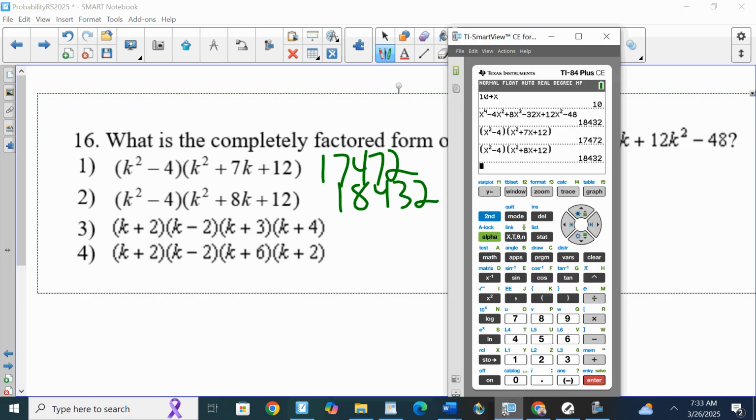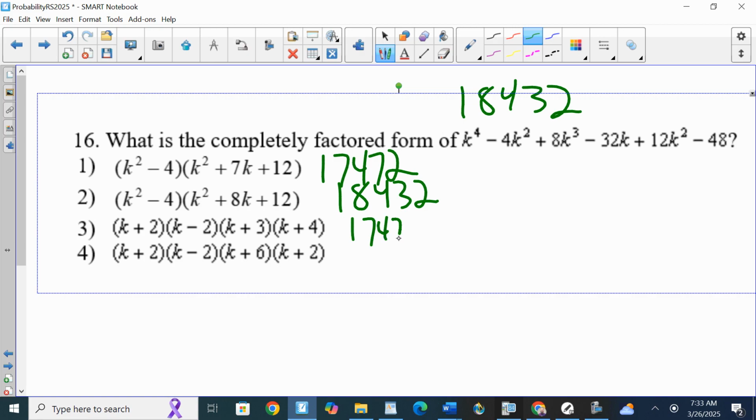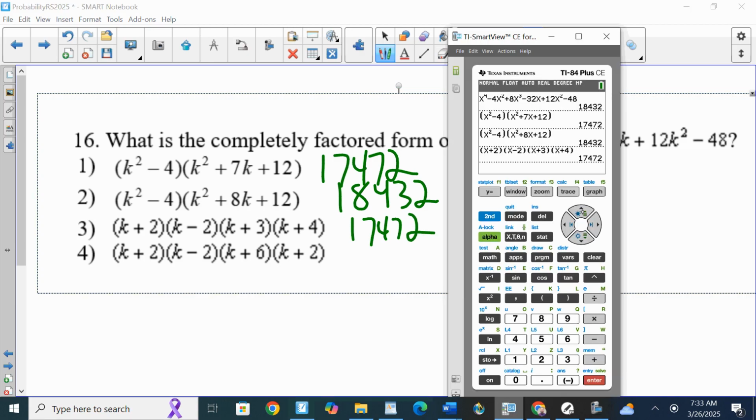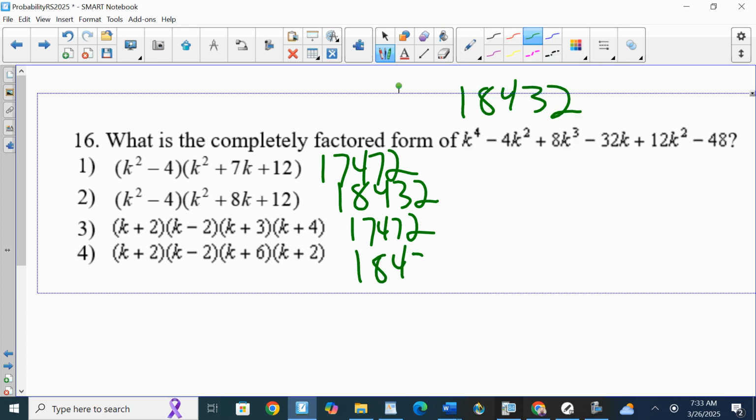I've got x plus 2, x minus 2, x plus 3, x plus 4, 17472. I'm going to copy and paste that and just change the 3 and 4 to a 6 and a 2. And I get 18432. So two of them match.